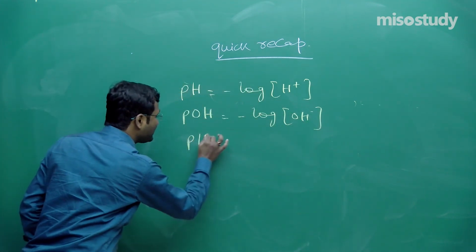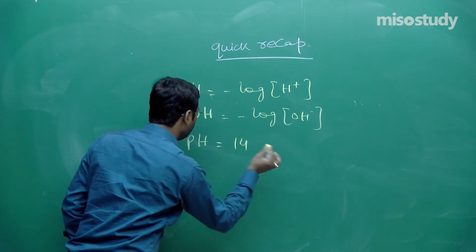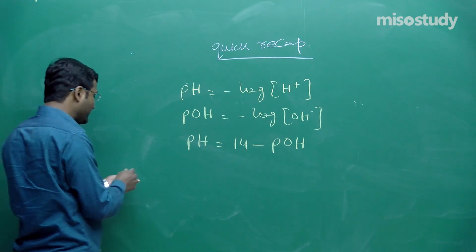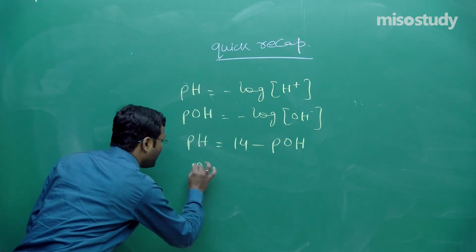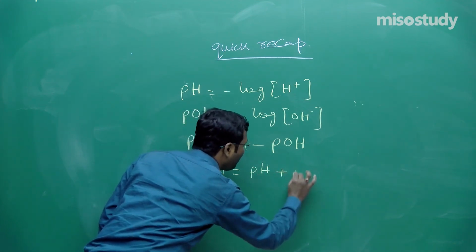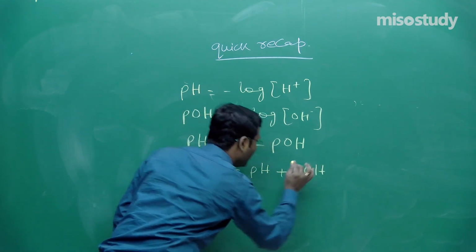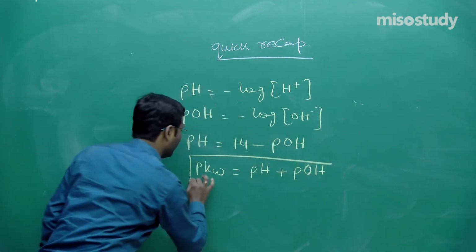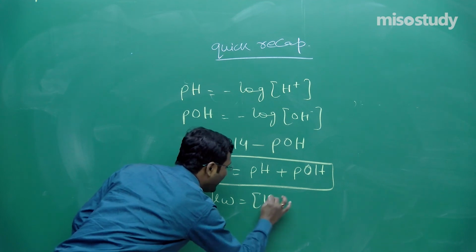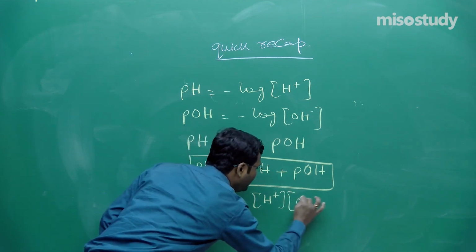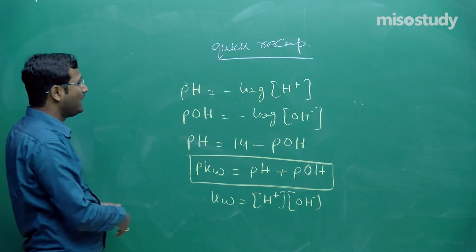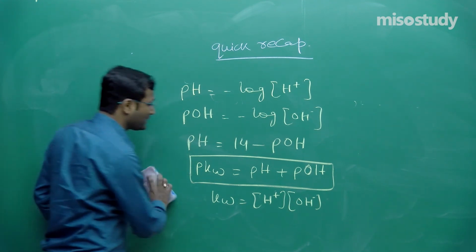Now pH is equal to 14 minus pOH. These are the few formulas. Are you getting this? Now then there comes pKW, which is equal to pH plus pOH. Again we can write KW is equal to H plus ion concentration into OH minus concentration. Are you getting my point? These are the very simple topics which I have discussed in my chapter.